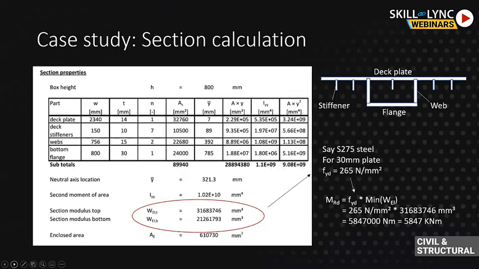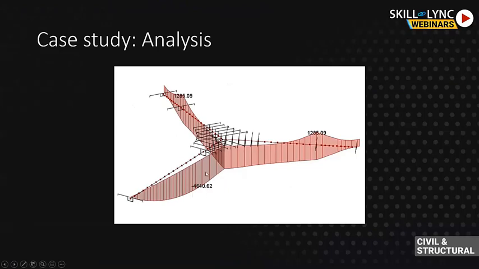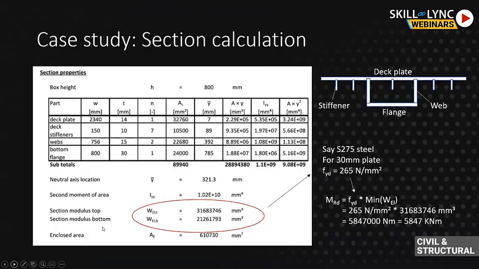Then you do the analysis, where you determine the loading. I'm not going to cover all of the design process, but let's say this is just a bending moment diagram with your critical moment. You calculate this deck section. You don't have to follow the numbers, but it's just to show you what sort of work you will be doing as a structural engineer.